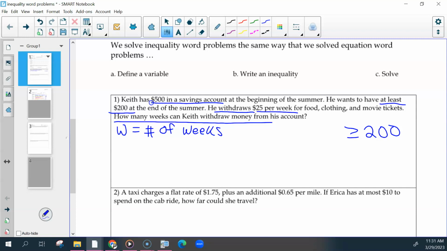So if he starts off with 500 and he's withdrawing money, what operation are we using? Subtraction. So it's going to be 500 minus 25W. And then we can solve it just like a normal problem. Subtract 500 from both sides.